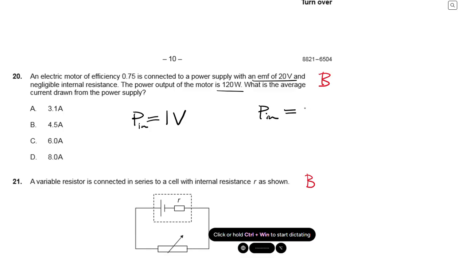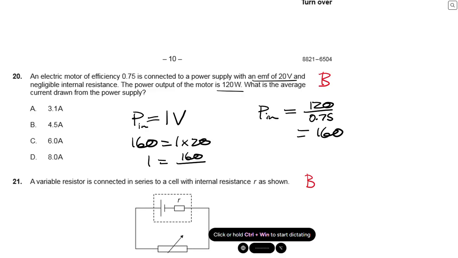So that would just be 120 divided by 0.75, and that is 160. So now we have 160 is equal to IV, and V is 20. I is equal to 160 divided by 20. That is 8 amps. So our answer should be D.